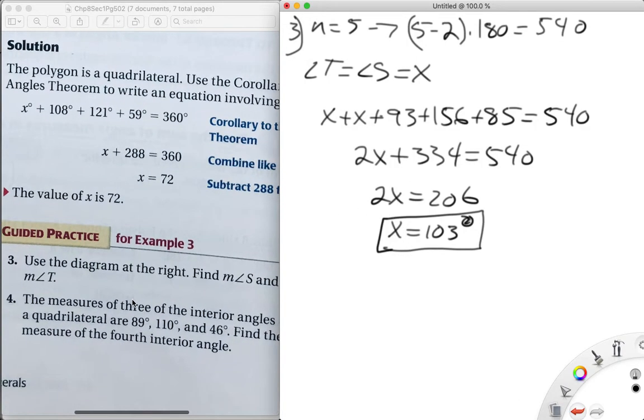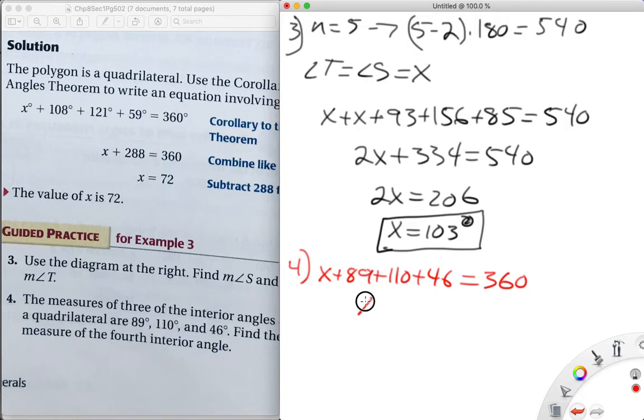Alright, for this one they say we have a quadrilateral and they want to find the fourth angle, and we already have the 3 right there. So to find it, we would say x plus 89 plus 110 plus 46, and I know that the sum of a quadrilateral is 360 degrees, 2 triangles times 180.